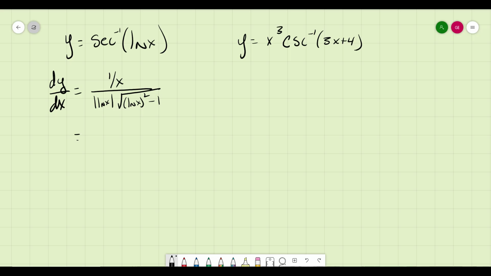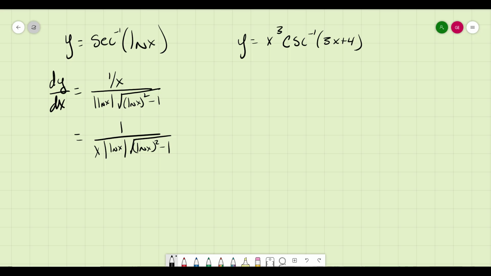Now, this can be simplified to where you take this kind of triple level fraction, you take the x that's up here and drop it into the denominator where it belongs. Okay, and it might look like something like this. So be mindful that that can happen when you simplify things.